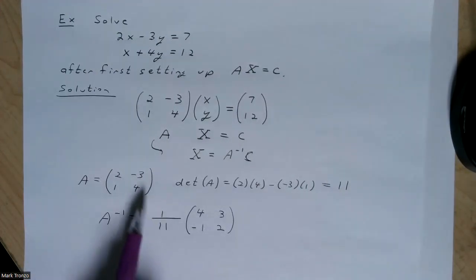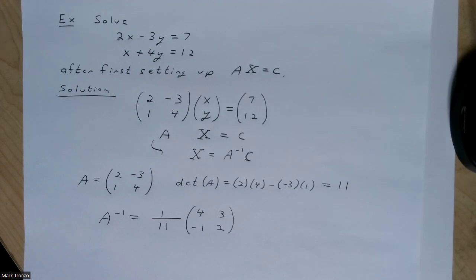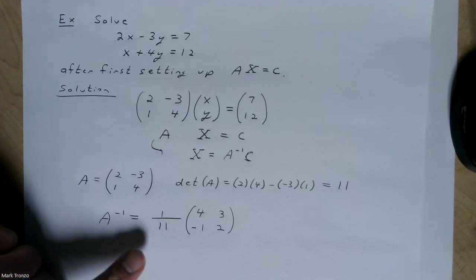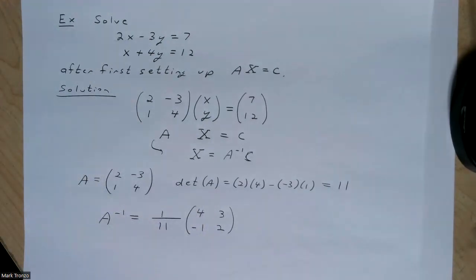This went from negative to positive. This went from positive to negative. And that's our inverse. And again, sometimes it's helpful to multiply this through. Sometimes not. Sometimes it's easy just to leave it on the outside. For now, I'll just go ahead and leave that on the outside.